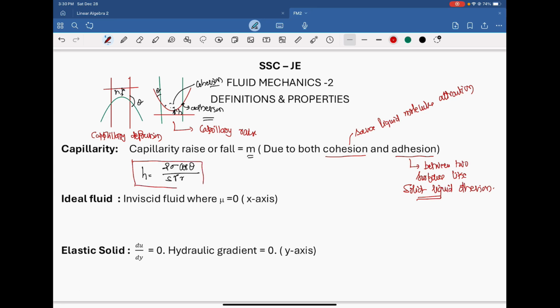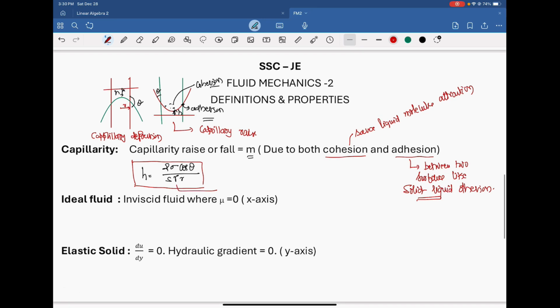We know theta, we know r, this is the radius of the tube. We know gamma, the specific weight of liquid or fluid. R is the radius, sigma is the surface tension, and H is the capillary rise or fall.